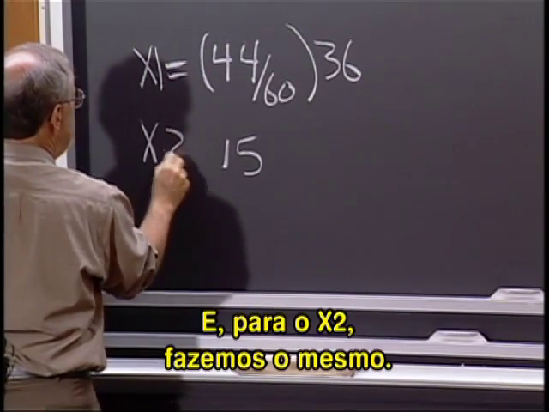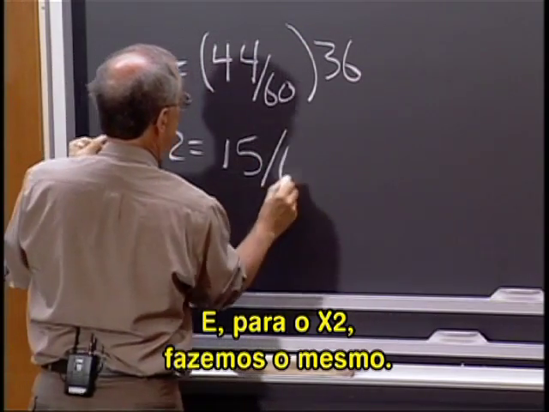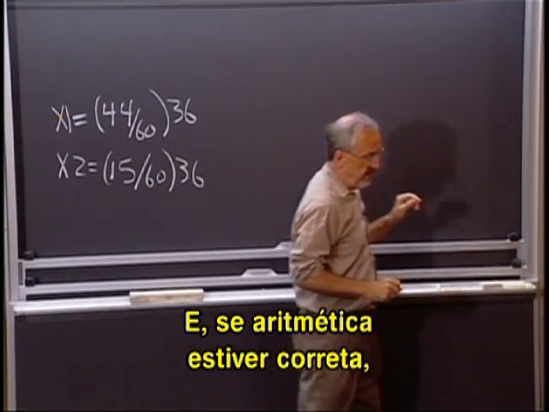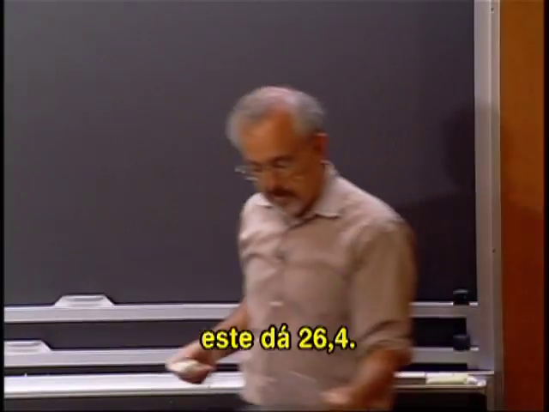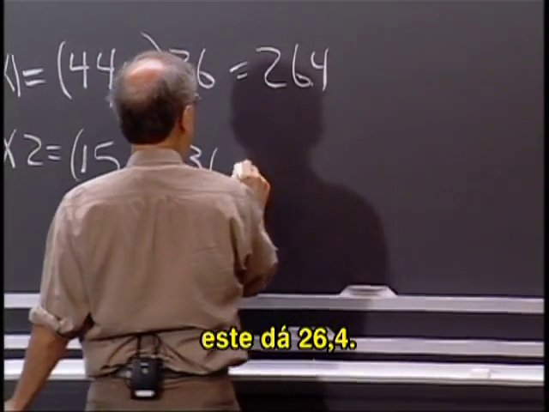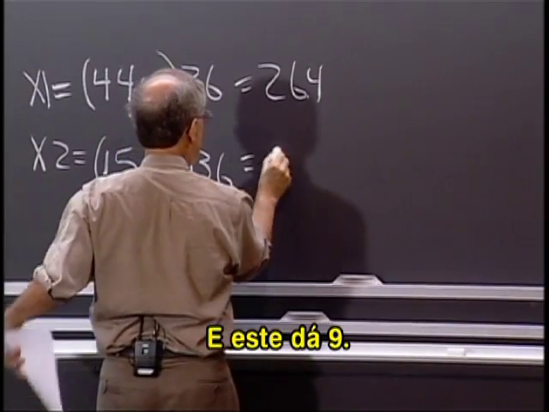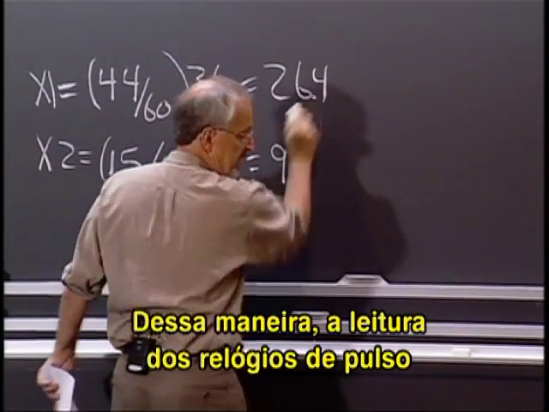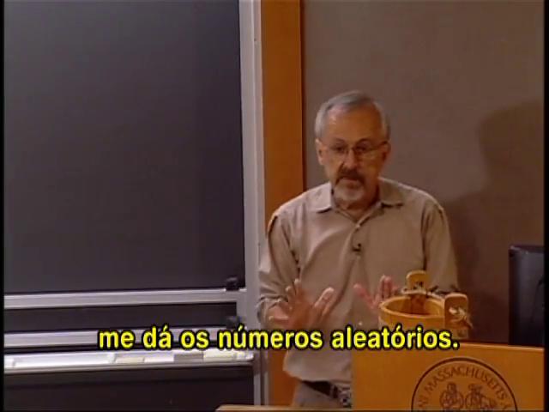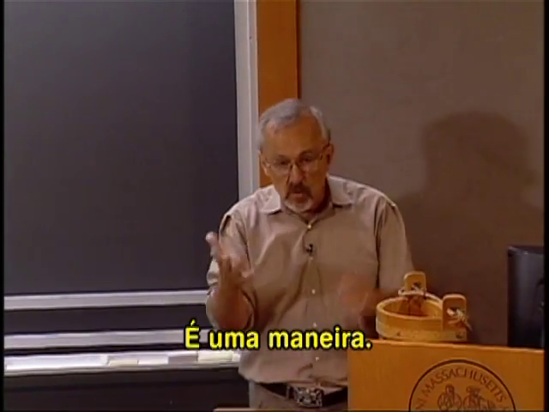And for x2, we do the same thing. We divide by 60 and multiply by 36. And if I did the arithmetic right, this is 26.4, and this is 9. So this scaling from wristwatch readings gets me the random numbers that I'm looking for. Okay, so that's one way of doing it.